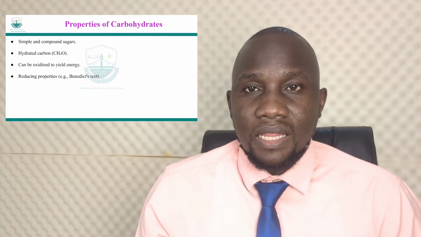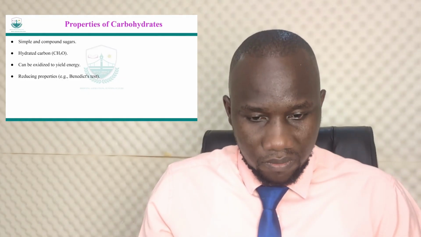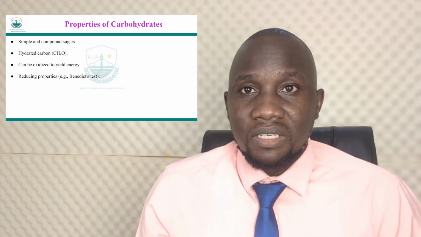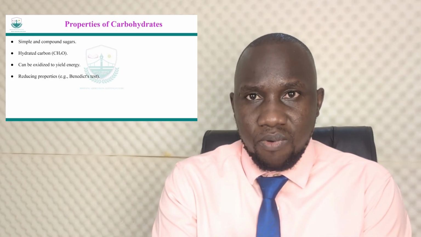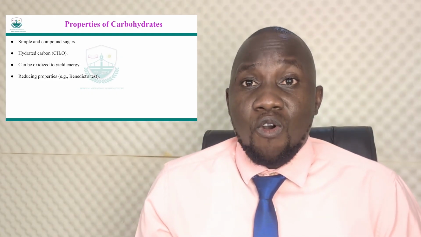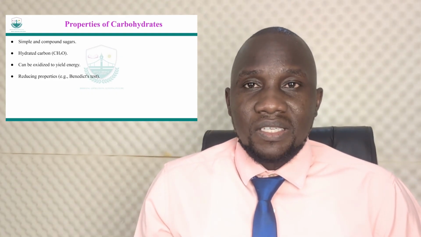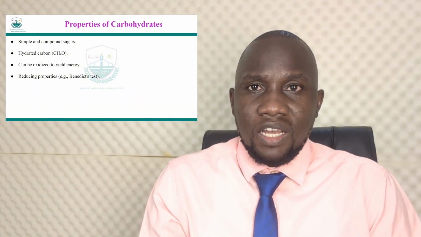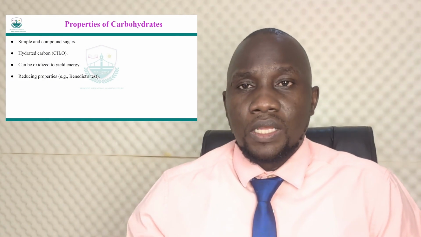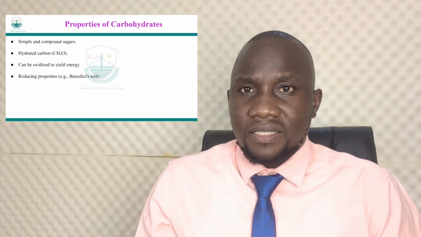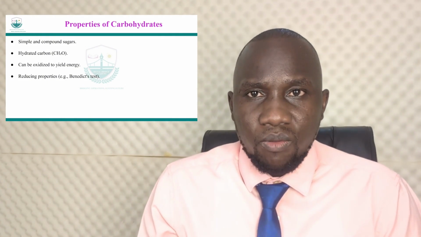So what are the properties of carbohydrates? We have a variety of carbohydrates, very simple and complex or compound. The meaning of this is that we have those that have several molecules combining. Some of these molecules that are combining are not the same.